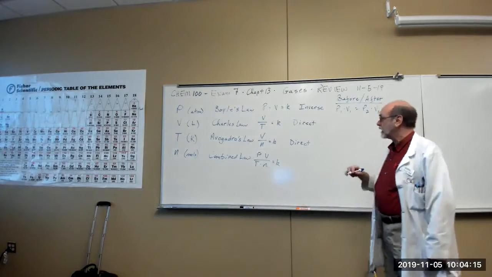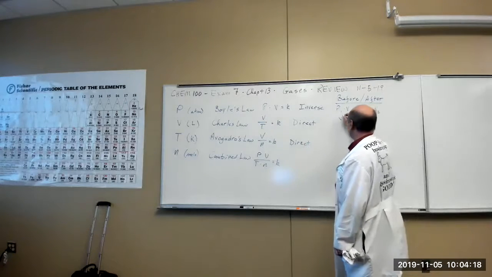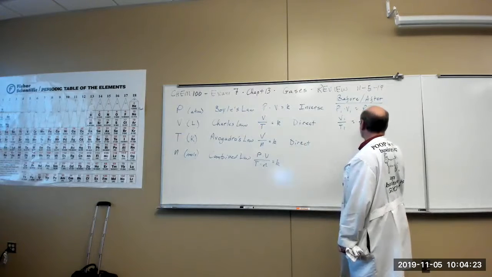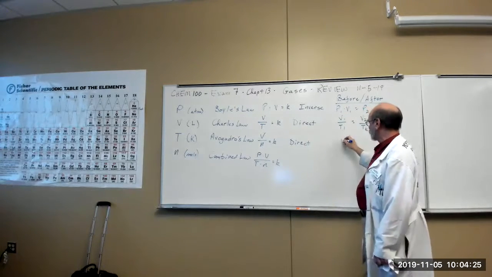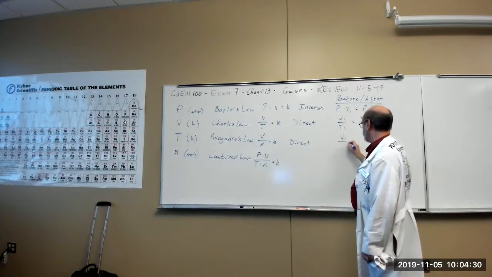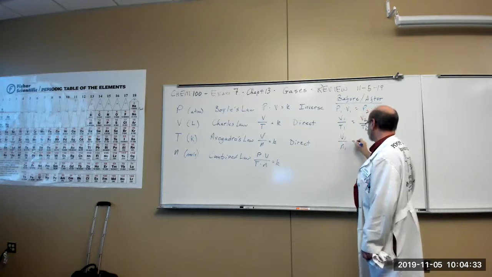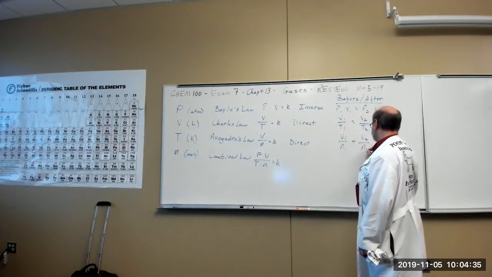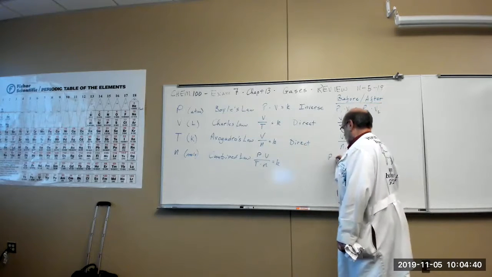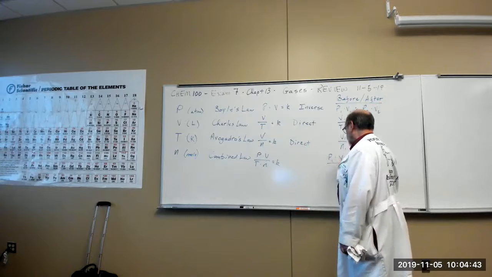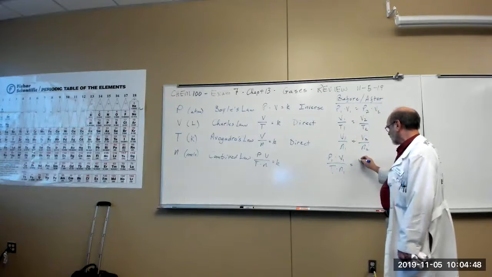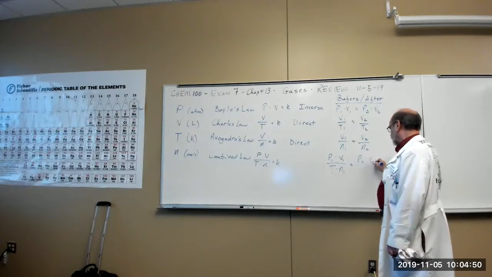Charles' law would be before equals after. Avogadro's law, before equals after. And the combined law just combines each one of those into this before equals this after.